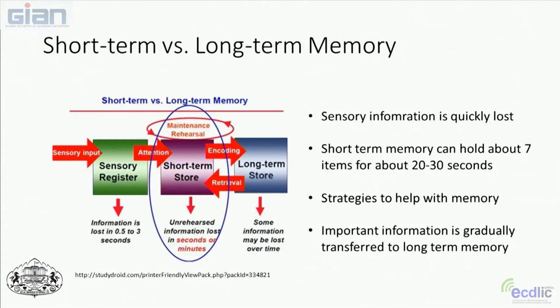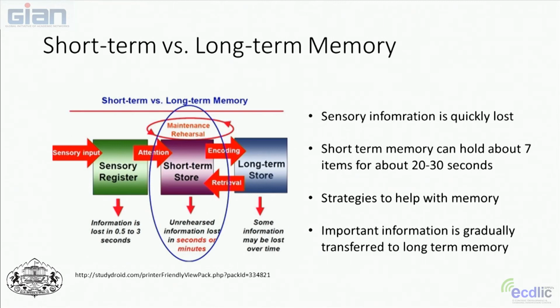Short-term versus long-term memory. Sensory information is lost very quickly, so we're constantly seeing all these things around us, and our selective attention allows us to focus on what is important in the environment to us. Short-term memory, we can only hold for about 7 items for about 20 to 30 seconds.